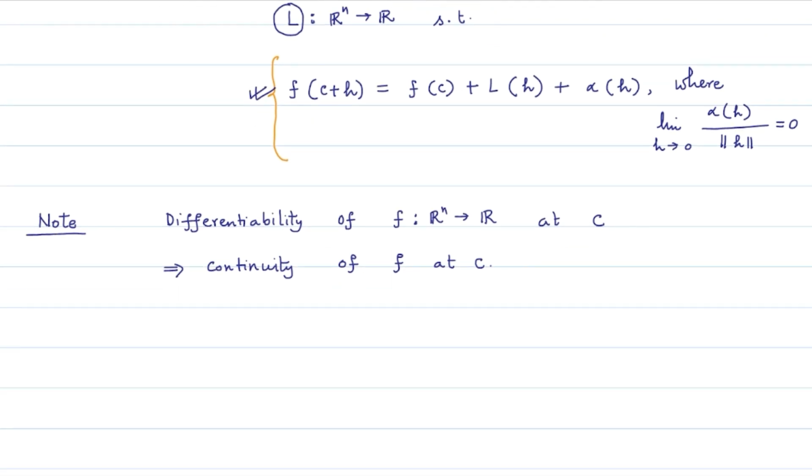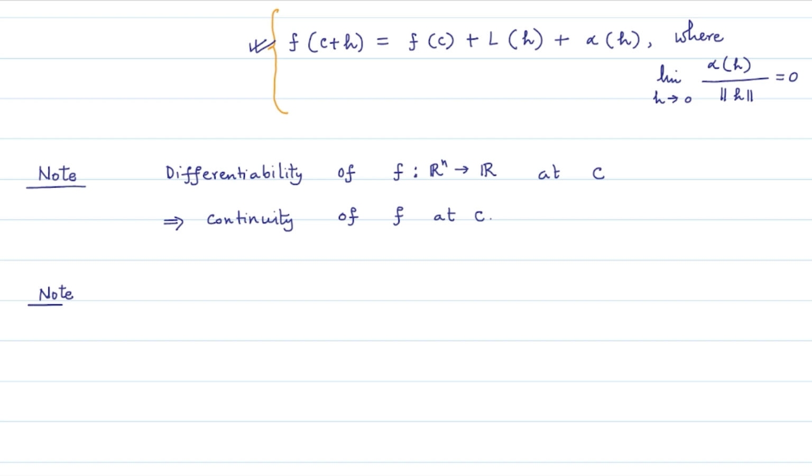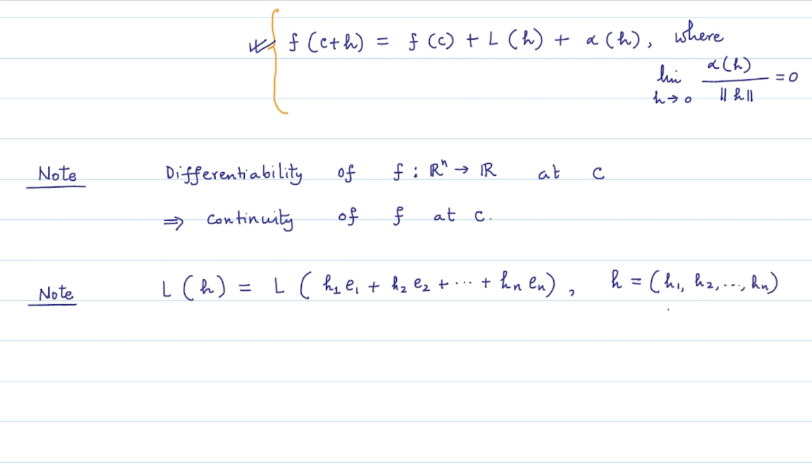As capital L is a linear function, we notice that L of the vector h can be expressed as L of (h1 e1 plus h2 e2 plus so on till hn en), where h1, h2 till hn are the components of h, and these e1, e2 till en are the unit vectors in the standard basis of the Euclidean space Rn.